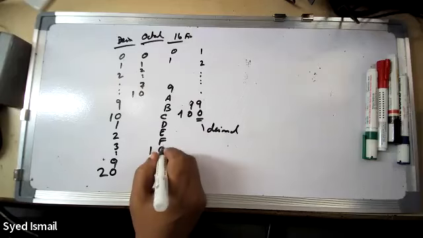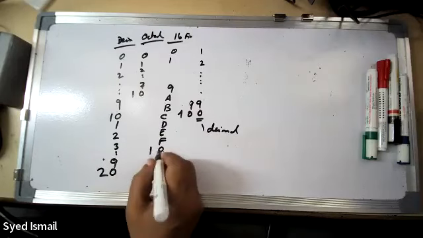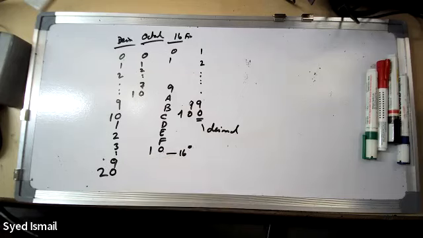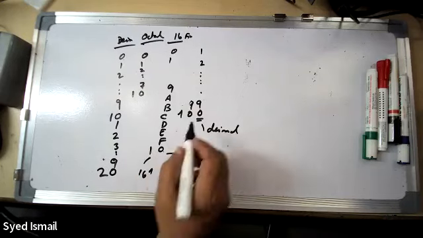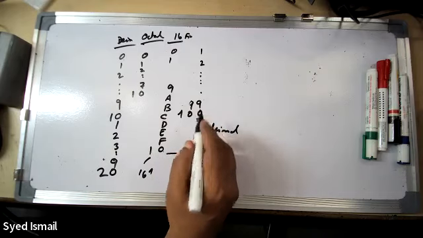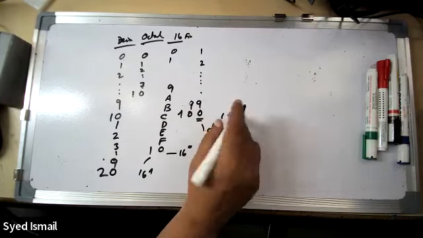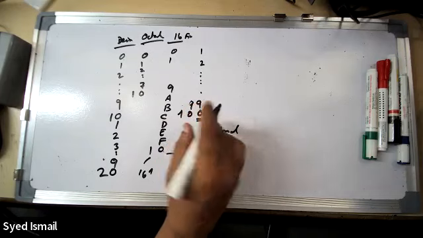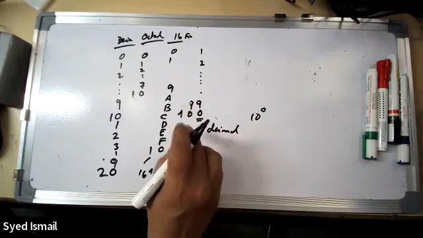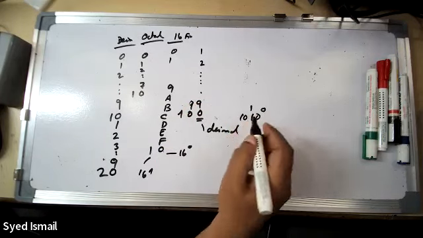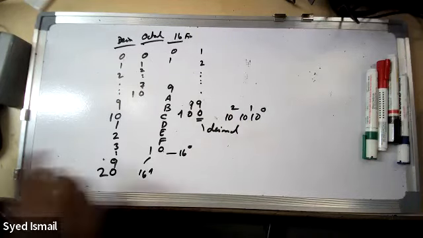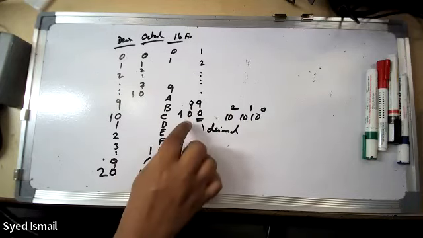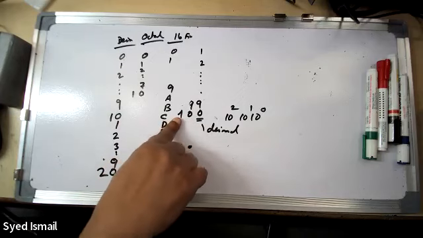So now what happens? This is the base 16. So this is 16 to the power 0, and this one is 16 to the power 1. Here you see, in the old case, this is 10 to the power 0, 10 to the power 1 and 10 to the power 2. So whatever the second number, we multiply by 10, and this one by another 10, that means 100.